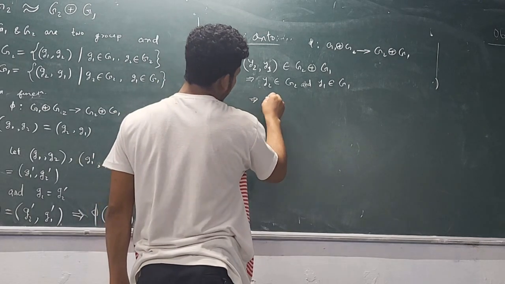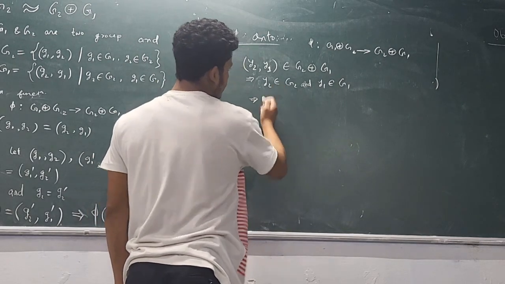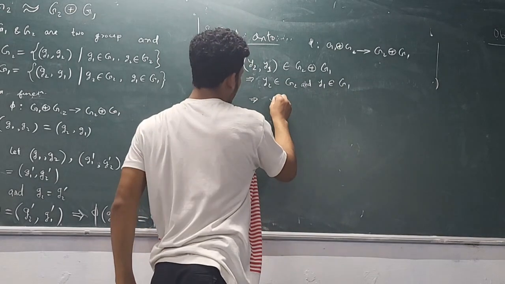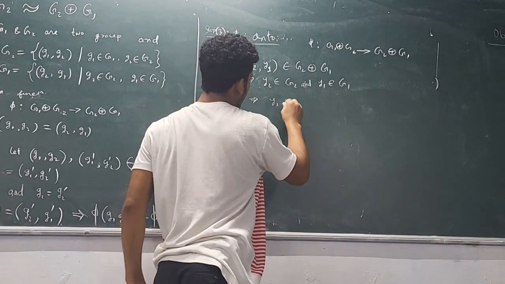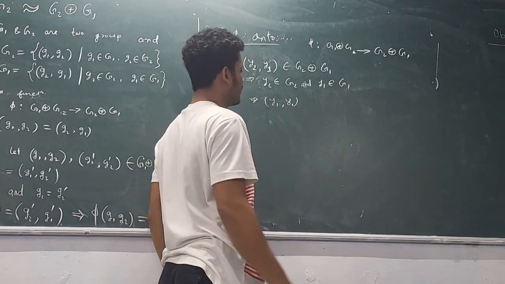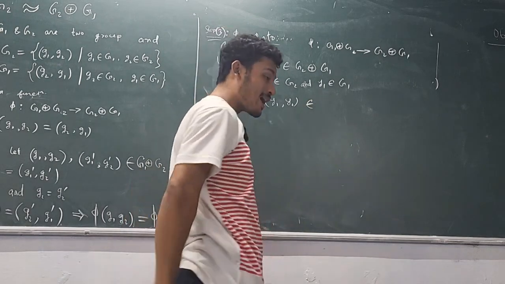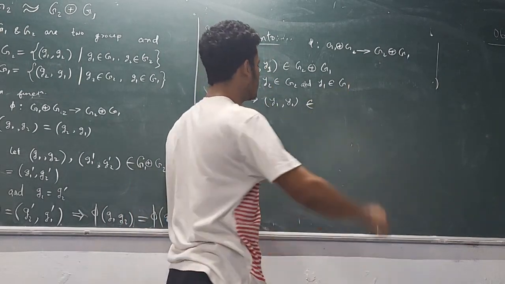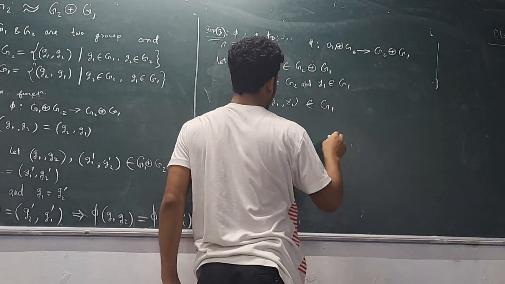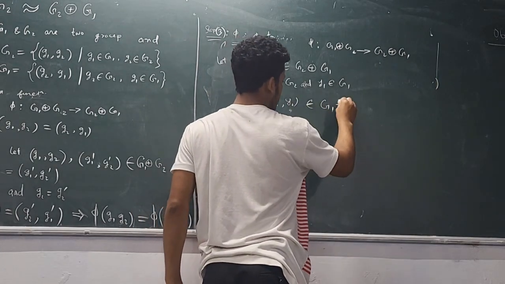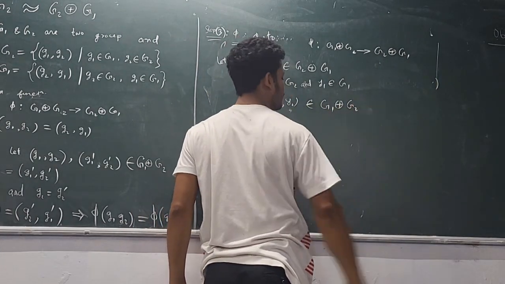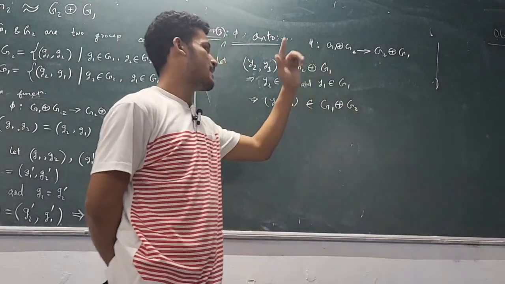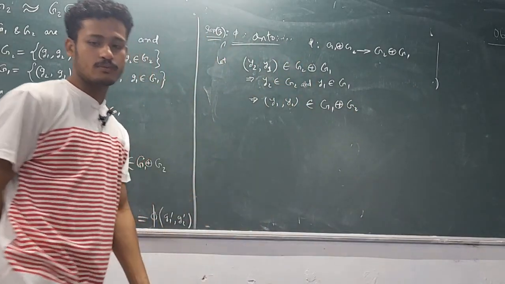So this implies, if y1 belongs to G1 and y2 belongs to G2, then the element (y1, y2) belongs to what? The first element comes from the first group G1, the second element comes from the second group G2. So (y1, y2) belongs to G1 external direct product G2.